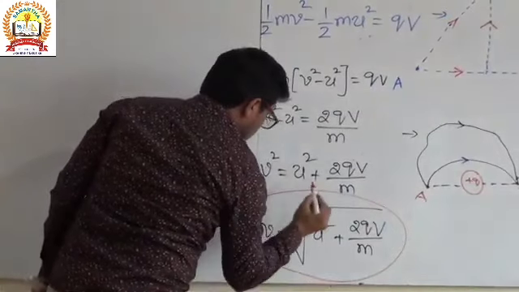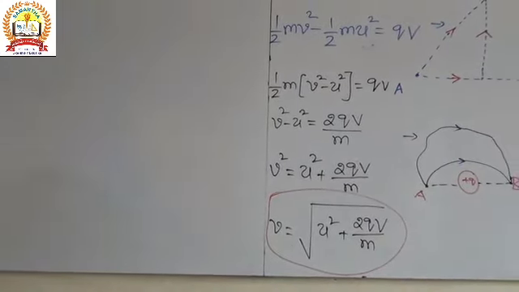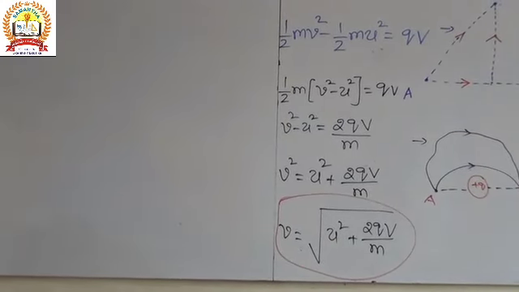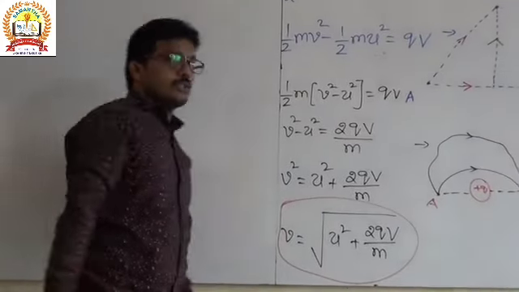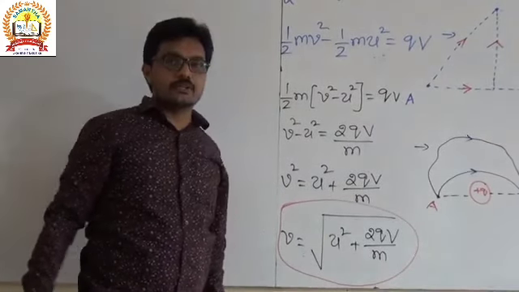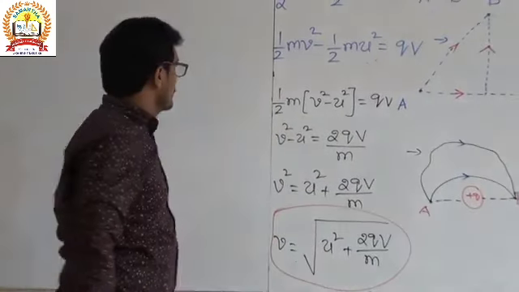When the charged particle is accelerating, the final velocity of the charged particle is v equals root over u square plus 2qV by m. And suppose the charged particle starts from rest, then what happens here? The initial velocity becomes 0.